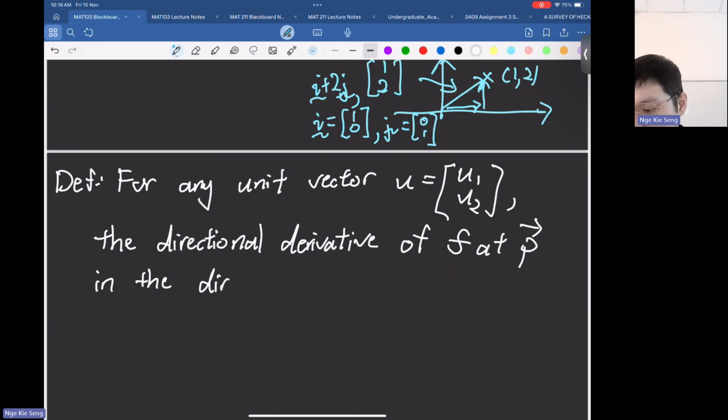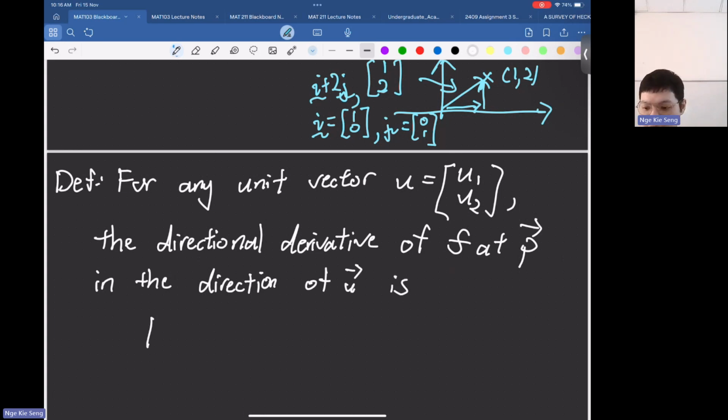So you need to tell me two important things when you want to talk about the directional derivative. You need to tell me where you stand, and then where you look. Where you stand, at p. Direction, in which direction you look, in the u direction.